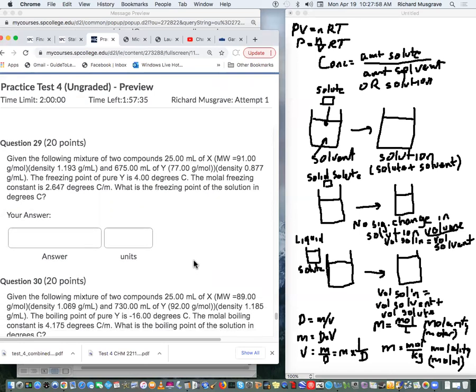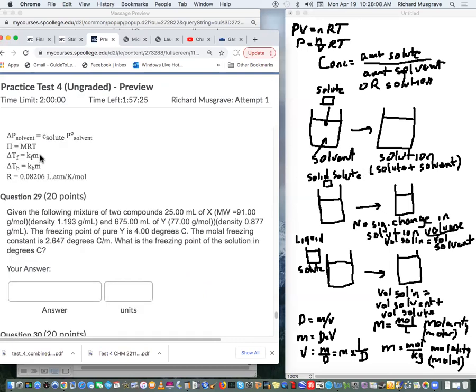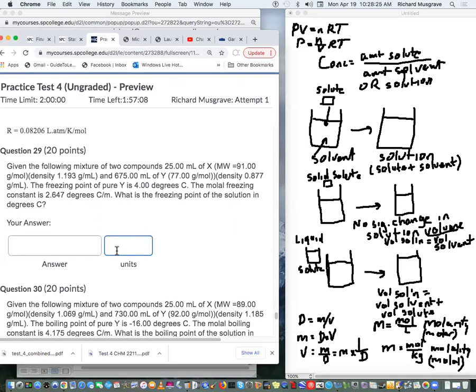In most of these cases, it's a matter of calculating the molality first. For this one, calculating the molality first, and then using the formula here to find the change in freezing point, which is then applied to the pure freezing point to get the new freezing point at the end. So we use freezing point depression in that case.